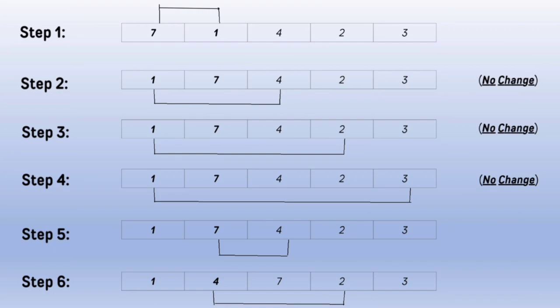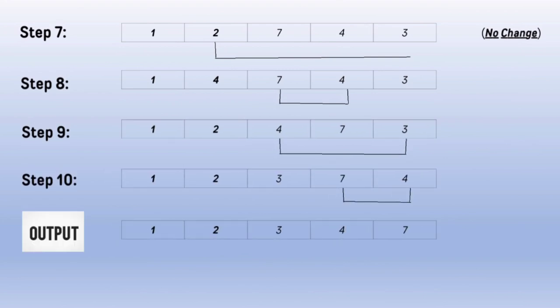Similarly, in step number 6, we compare the second element of the array to the fourth element of the array. Since 4 is greater than 2, their positions are interchanged. In step number 7, we compare the second element of the array to the fifth element of the array. Since 2 is lesser than 3, there is no change in this step.